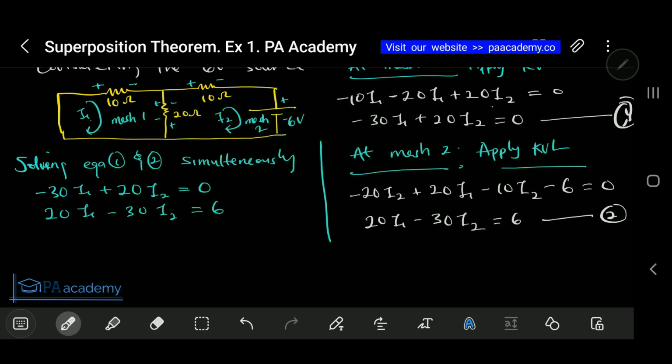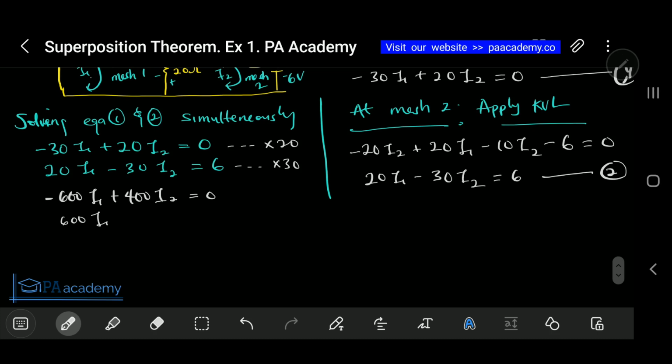Even though I intend on doing it just to save time, let's just do it together. Alright, so to solve this simultaneous equation, let me multiply this by 20 and then multiply this by 30. Exactly. So doing that, 20 times minus 30 will be minus 600 I1 plus 400 I2 equals to 0, and then 30 multiplied by this is going to give us 600 I1 minus 900 I2 equals to 0.